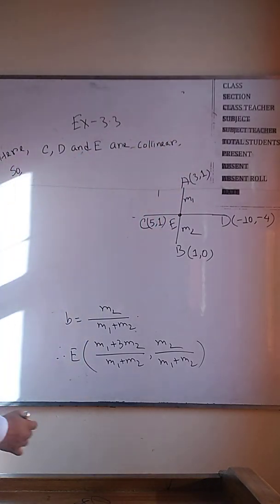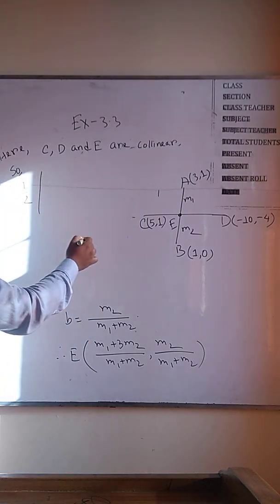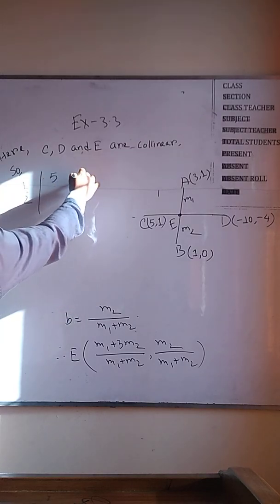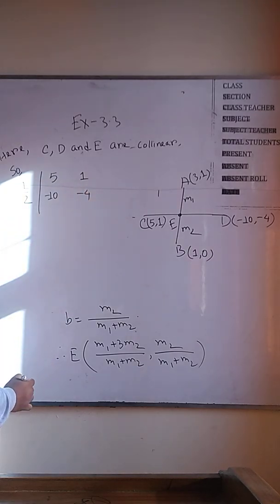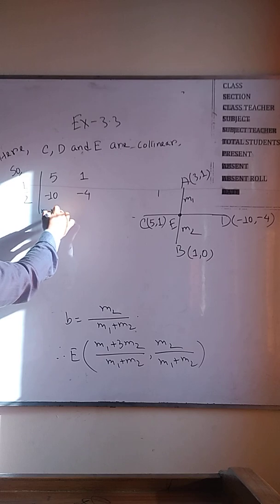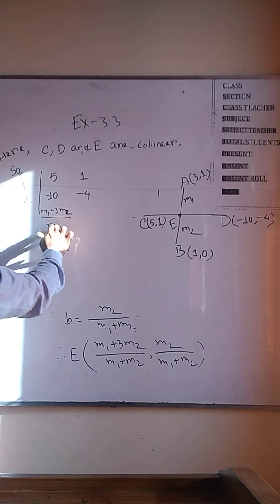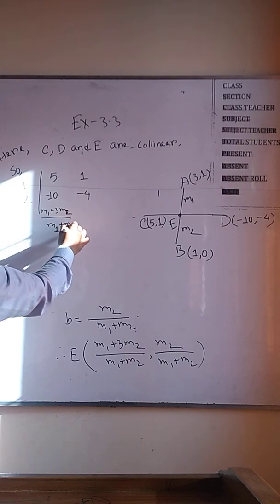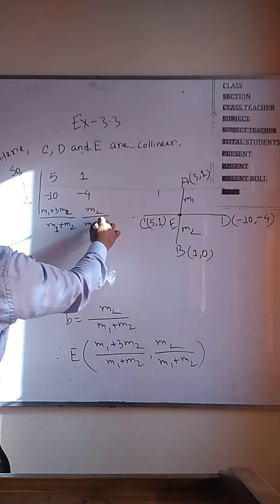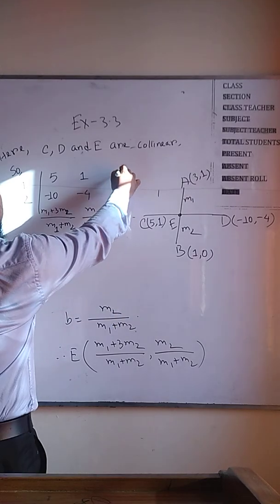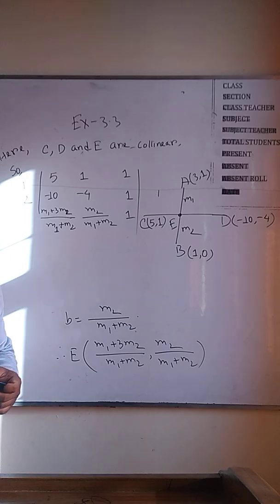It is half, and C is (5, 1), D is (-10, -4), and lastly E is ((M1 + 3M2)/(M1 + M2), M2/(M1 + M2)). The third column will be filled up by 1, 1 and 1, and the result is 0.